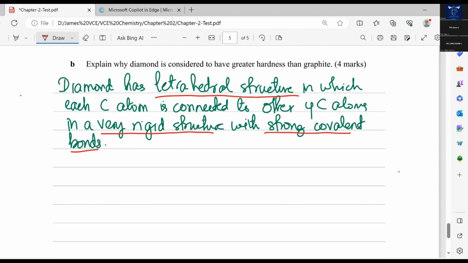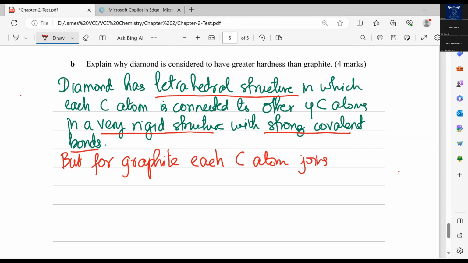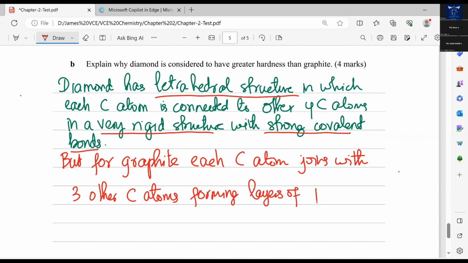For graphite, each carbon atom is bonded with three other carbon atoms, forming layers of plain hexagonal shape.